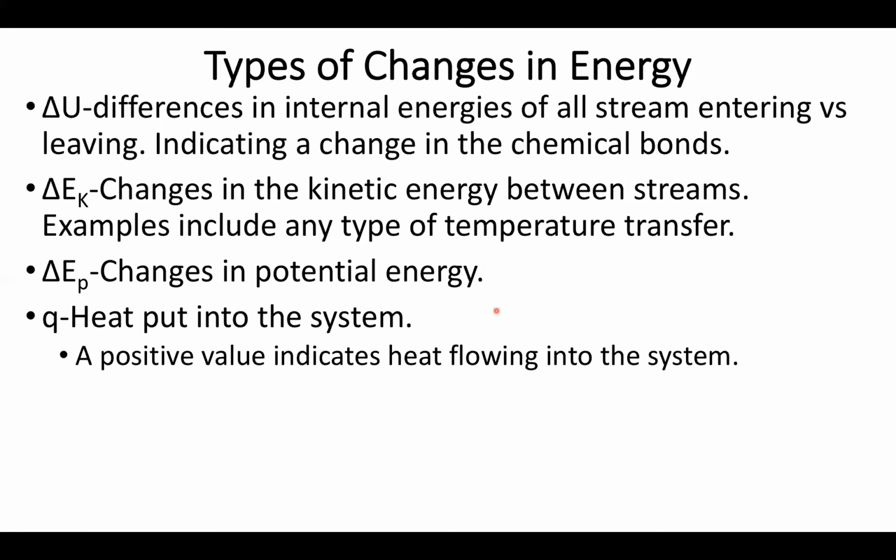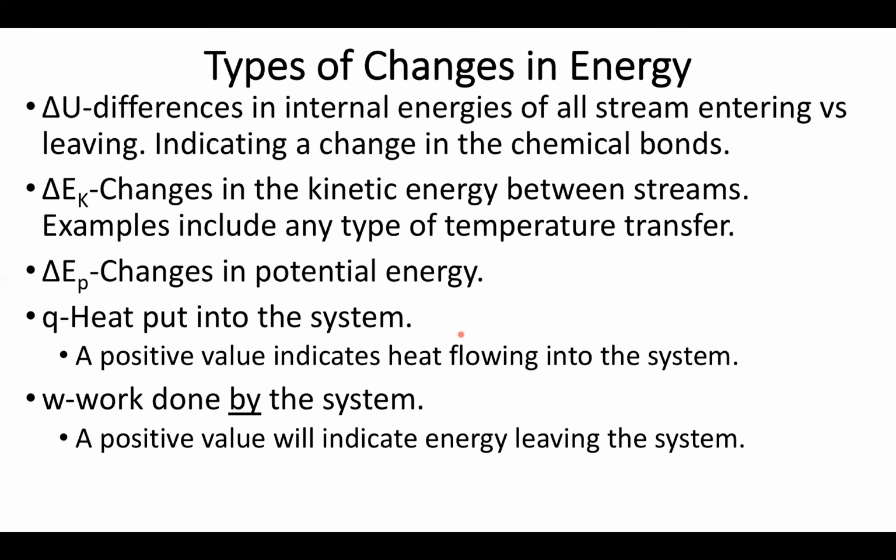And again, we can characterize how this energy happens by looking at the heat put into the system. So again, one of the things to watch out for is there is some slightly different terminology and notation in industrial chemistry. In this case, just like in chemistry, a positive heat value indicates that energy is flowing into the system.